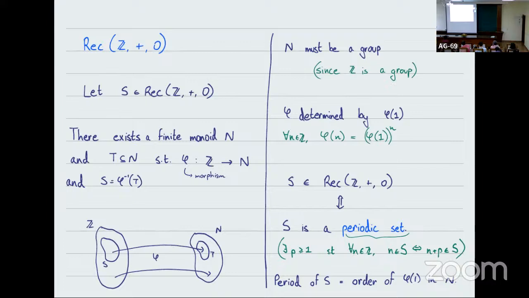So you cannot separate any two integers that are separated by the order of phi of 1. So this is always a periodic set.